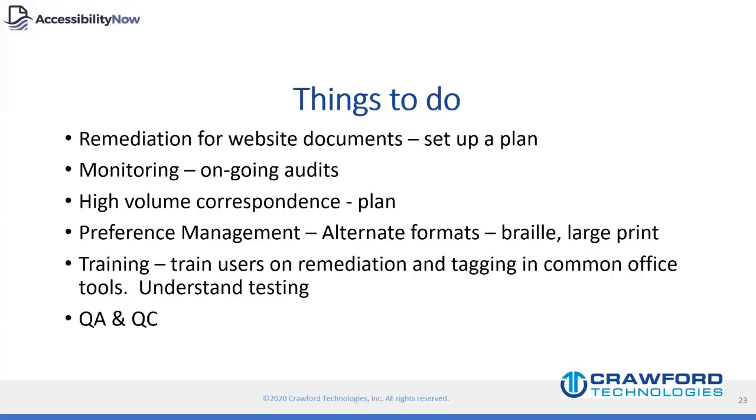Monitoring, making sure that ongoing audits are set up for both websites and archive information, making sure that when they're being served up, everything is being delivered in an accessible format, determining whether they are high volumes or low volumes. And if they are high volumes, create a plan, making sure that it's not going to be time consuming or too expensive to process.